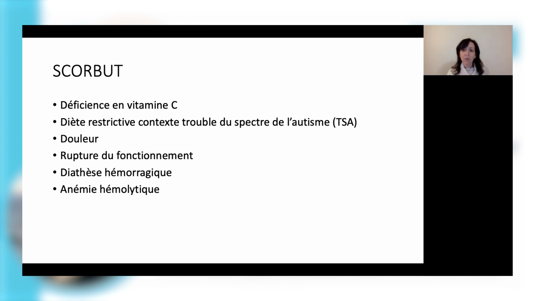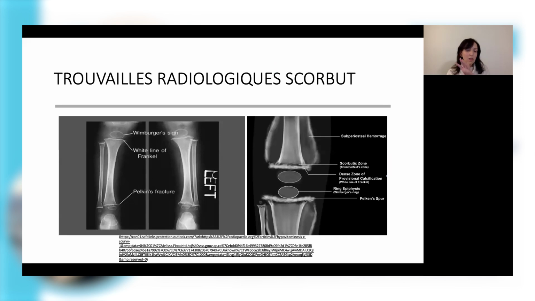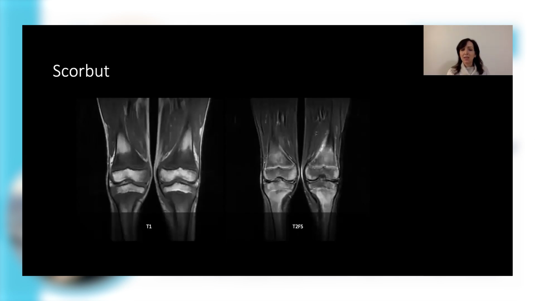It's very painful. They can stop functioning, and not just the bleeding gums or the hemolytic anemia, but you can also really have bone pain. There are classic radiological signs, which I'll skip for now, but the radiologist should be able to see them. These kids are so non-functional. This child was hospitalized because he just was not walking.